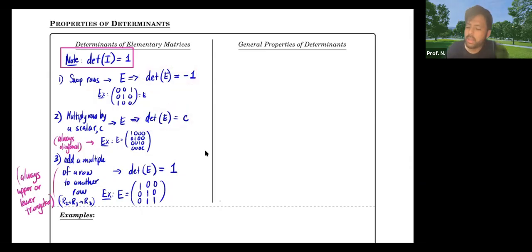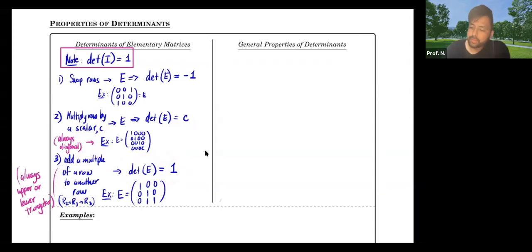If I swap two rows, I'm going to multiply the determinant by -1. If I multiply a row by a scalar, then I'm multiplying the determinant by whatever that scalar is. And if I add a multiple of one row to another row, then actually the determinant is unchanged.